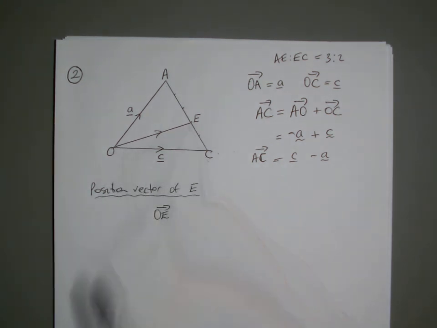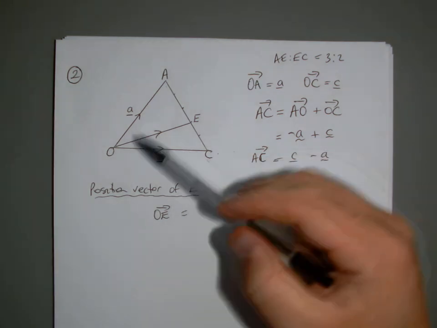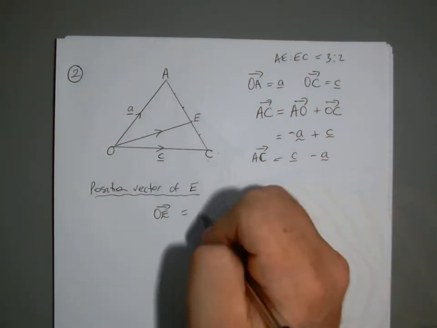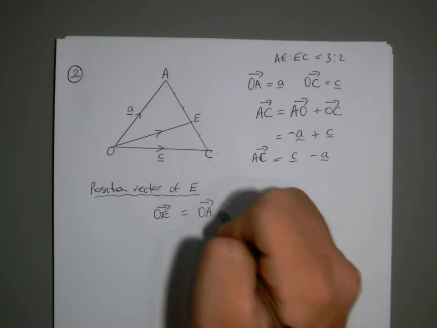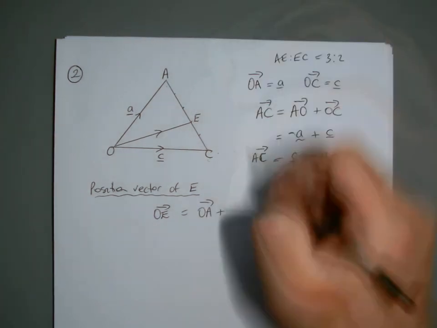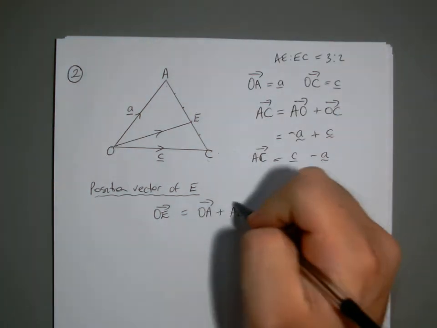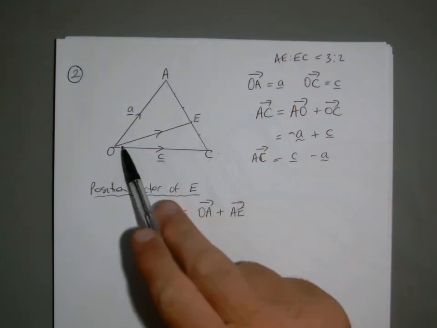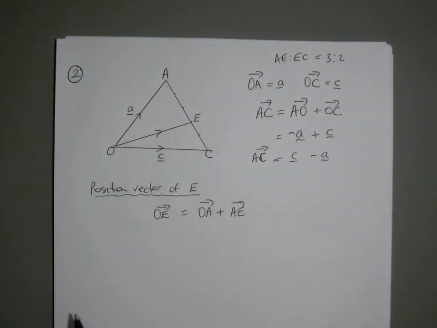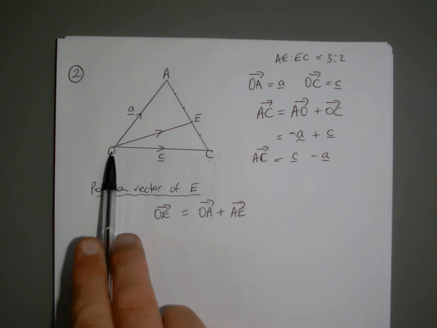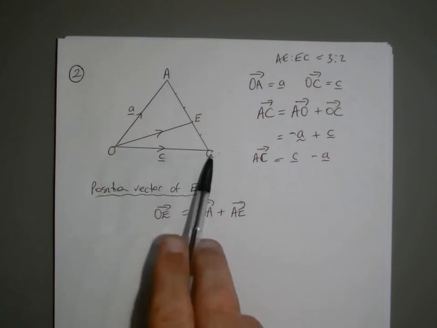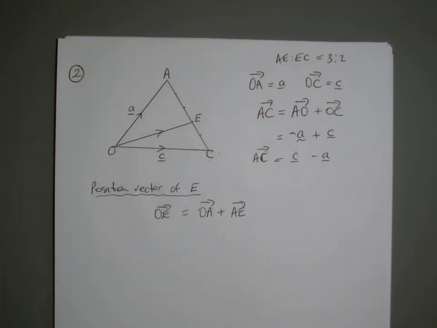Now, O to E, we see as going first from O to A, plus then A to E. So that's the route to get there. I mean, you could go along here if you wanted to. I know some people would go that way, OC plus CE.